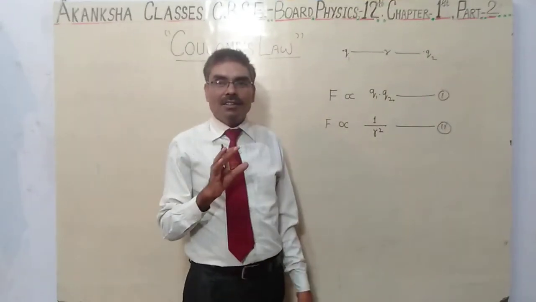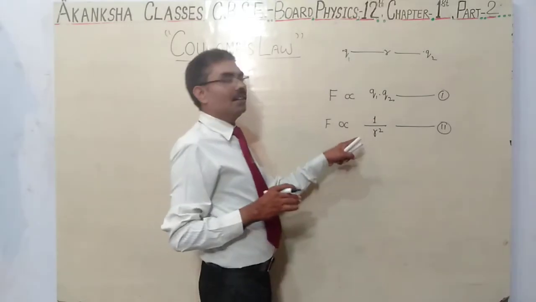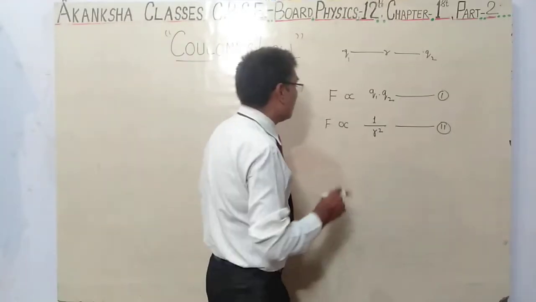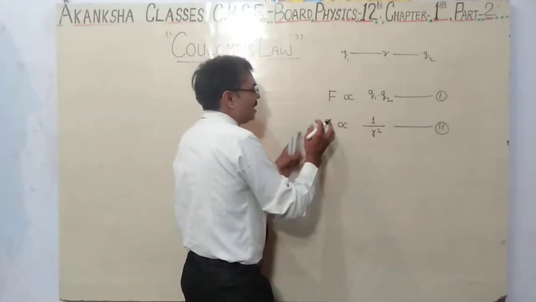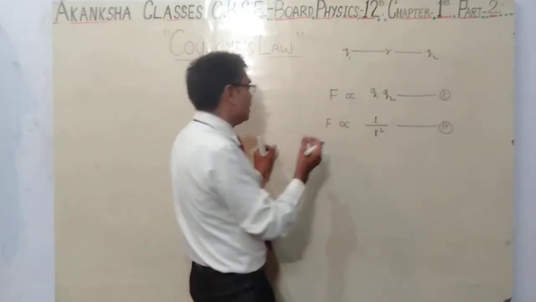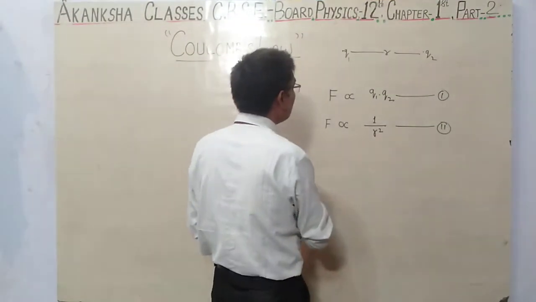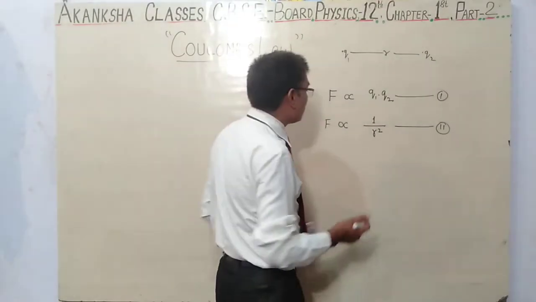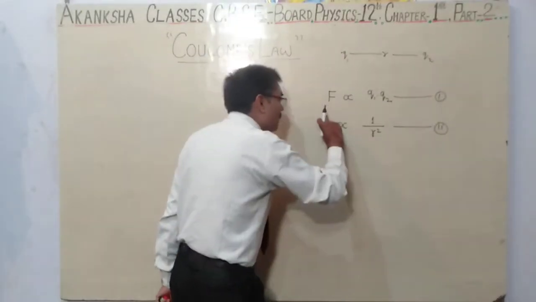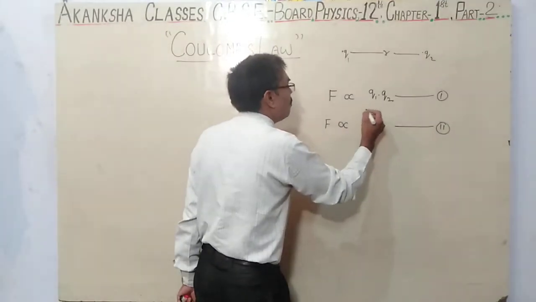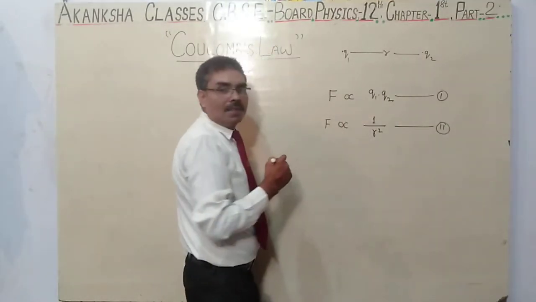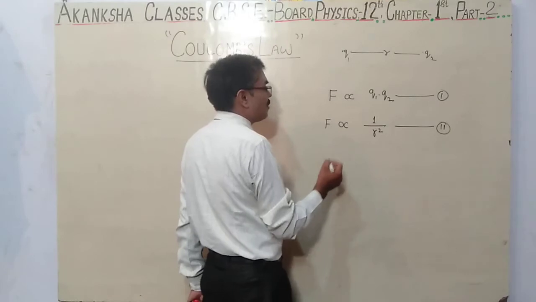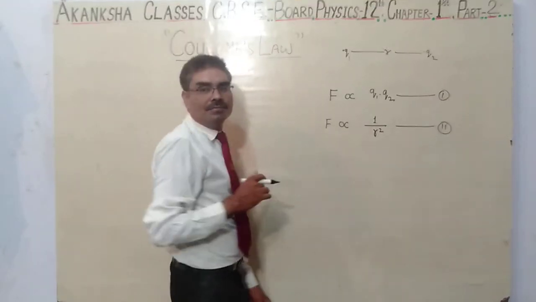Understand completely? What is the difference of saying directly or inversely? If the quantities written on the left side and right side are in direct proportion, then we say F is directly proportional to 1 upon r square, but F is inversely proportional to r square.